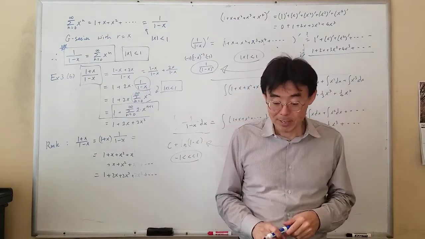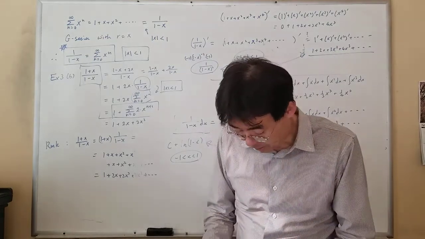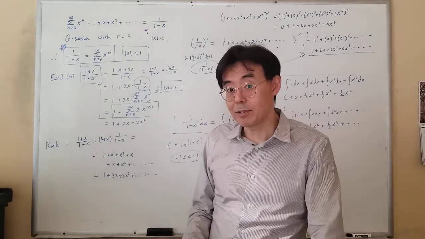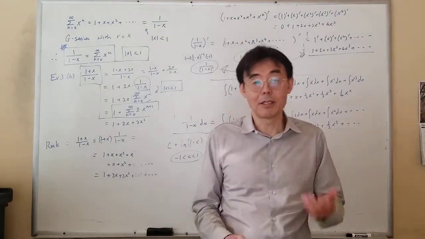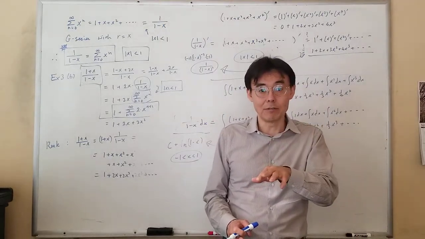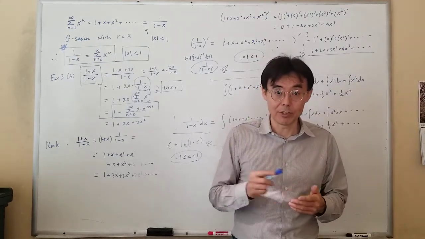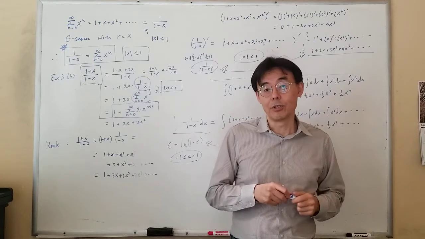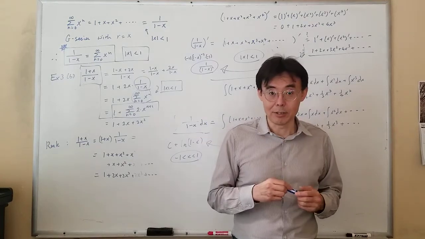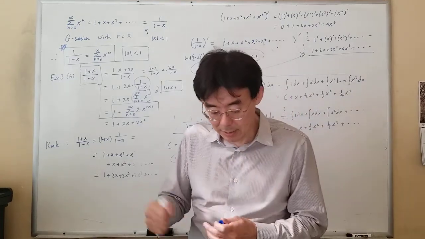And in that process, the power series representation of an antiderivative of the original function f will have the same radius of convergence as the original function's power series representation.